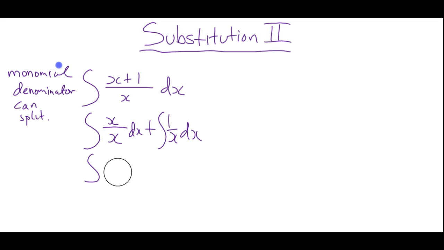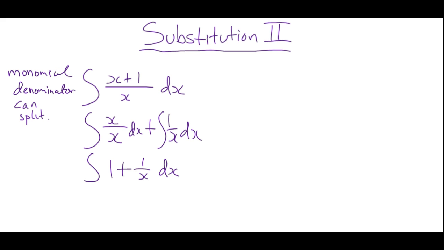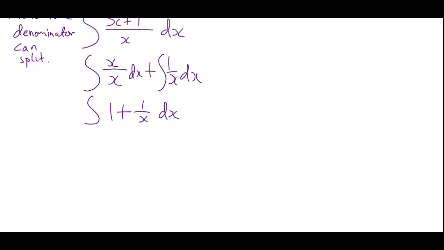Wow, we can actually put them back together even, right? And we know what the integral of 1 is. And we know what the integral of 1 over x is, which is ln x. Well, ln absolute value of x.